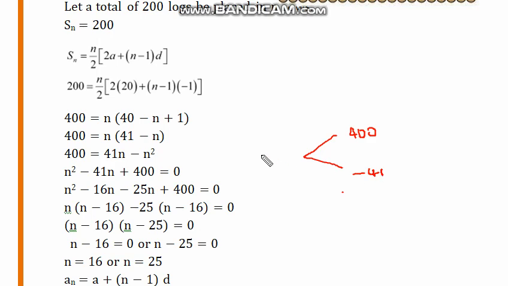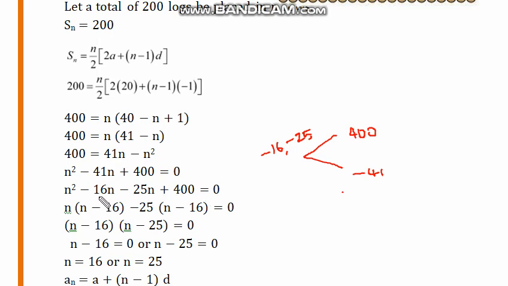What are the two numbers? Minus 16, minus 25. If you add these two, you get minus 41, and if you multiply these two, you get 400. So n square minus 16n minus 25n plus 400 equal to 0.